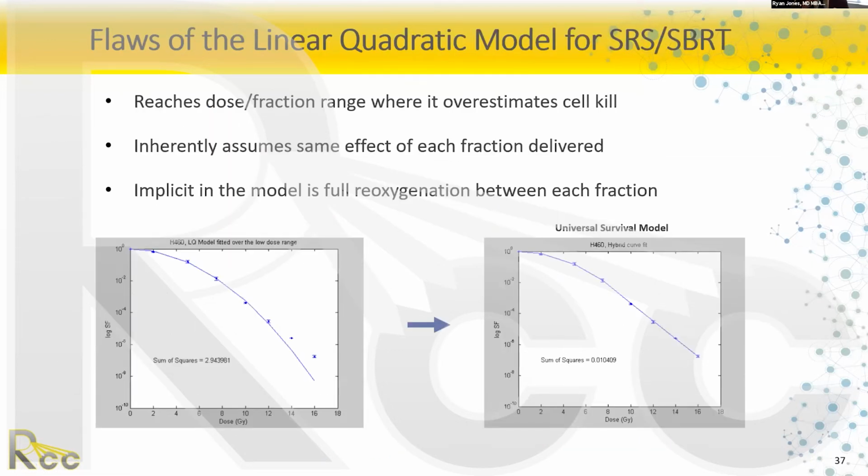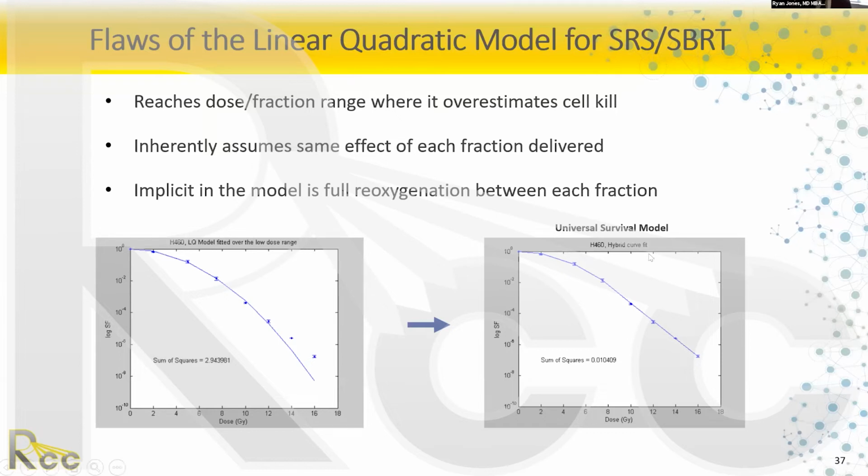So a theme, and these are one of the objectives, limitations of some of the radiobiological models. It reaches a dose per fraction where it does overestimate cell kill. There's a debate at when this happens. Some say 10, some say 20. It inherently assumes the same effect for each fraction delivered and assumes some reoxygenation between each fraction.